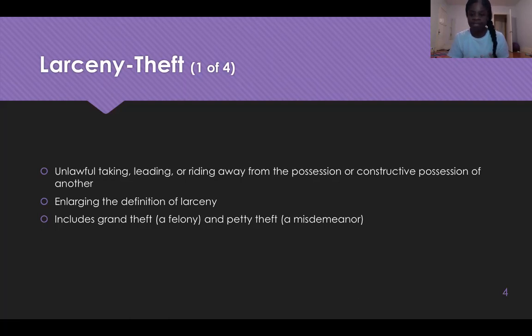Felonies and misdemeanors are distinguished based on the value of the assets stolen at the time of the crime. Larceny theft is subclassified into shoplifting, pocket picking, purse snatching, thefts from motor vehicles, theft of motor parts and accessories, thefts of bicycles, thefts from buildings, etc. Okay.